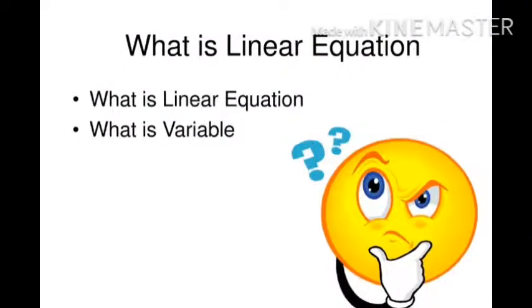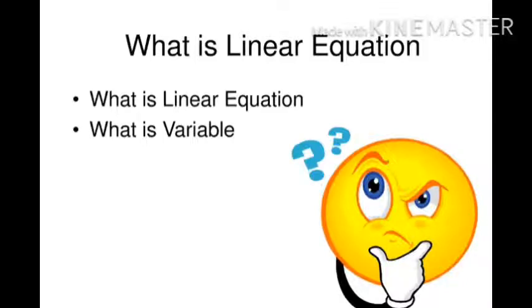Now, what is linear equation? What is variable? An equation is a statement of equality of two algebraic expressions involving one or more unknown quantities called variables. The equation involving only linear polynomials is called a linear equation.